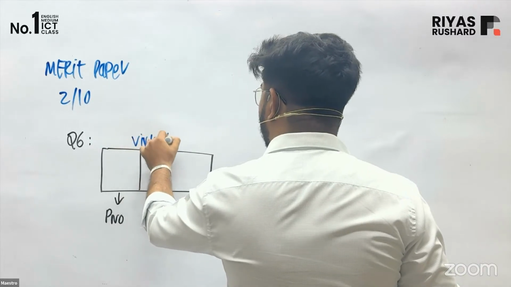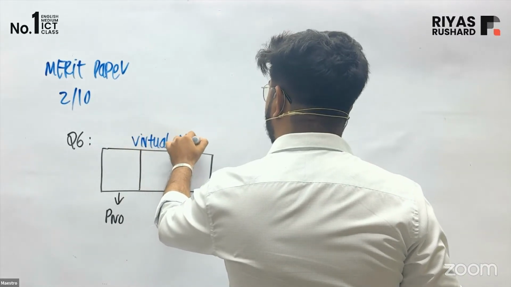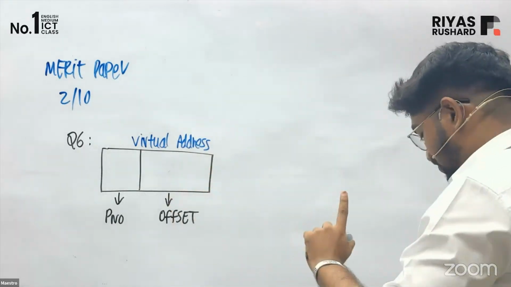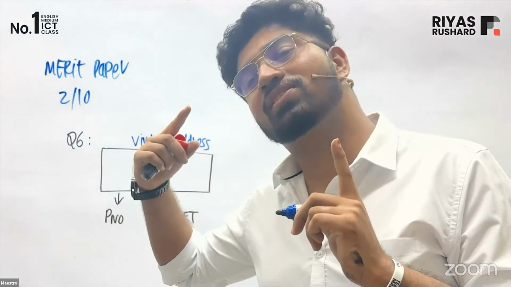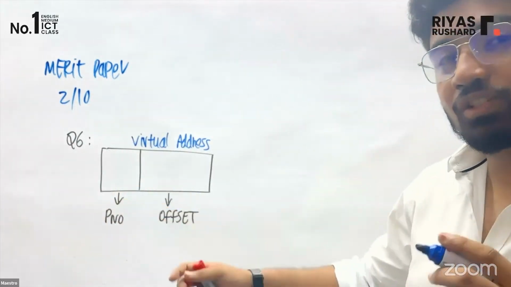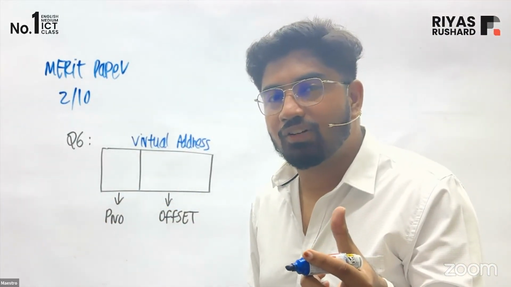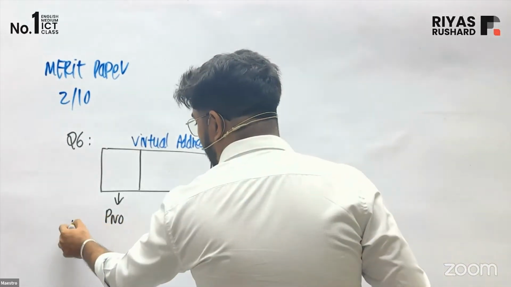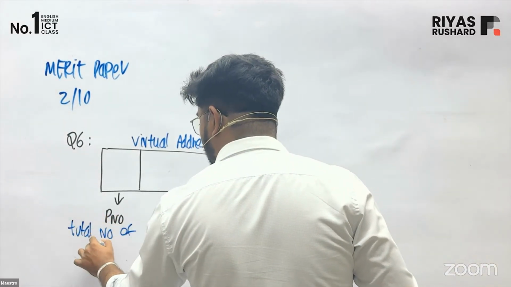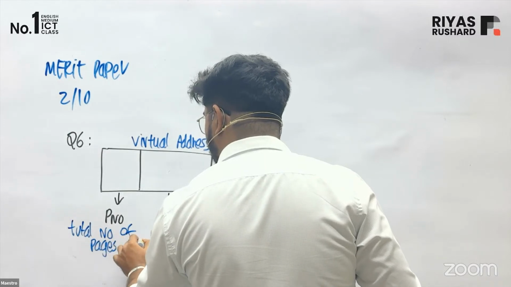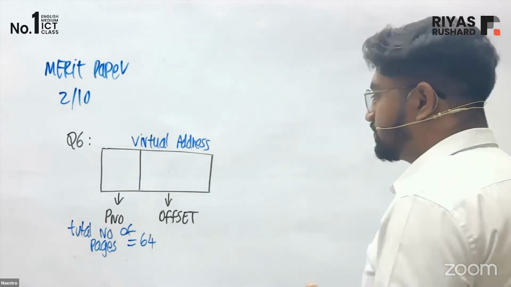In the virtual address. Page number starts from 0 and goes till 63. So the total number of pages is 64. Understood?